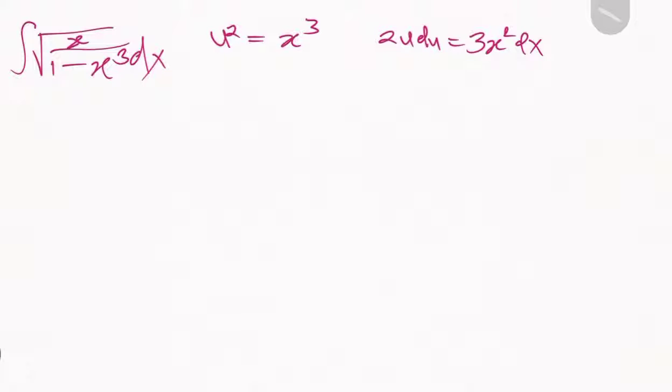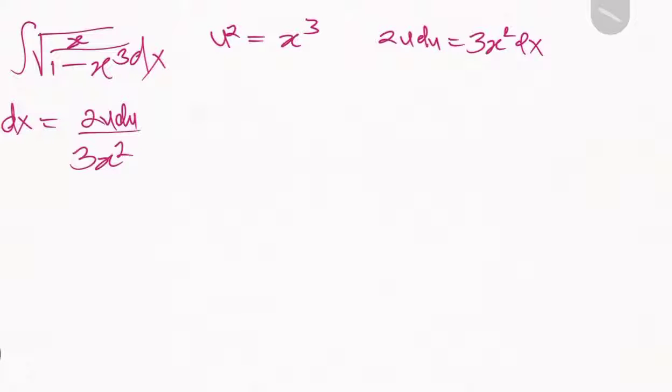That means dx is equal to 2u du over 3x squared. Now we want to move this integral which is in terms of x into another variable u. So we don't need this x squared, so let's express this x squared in terms of u.